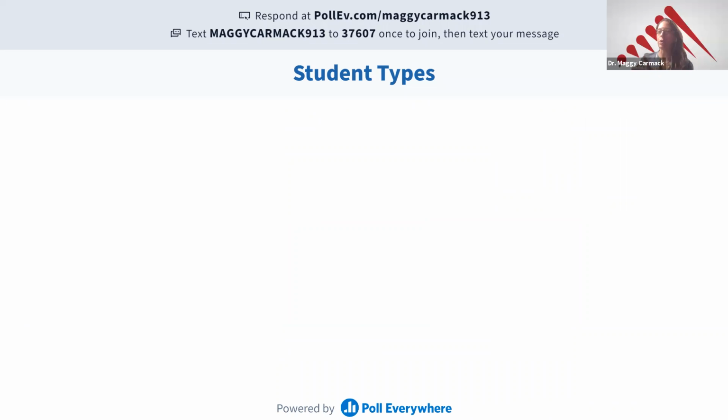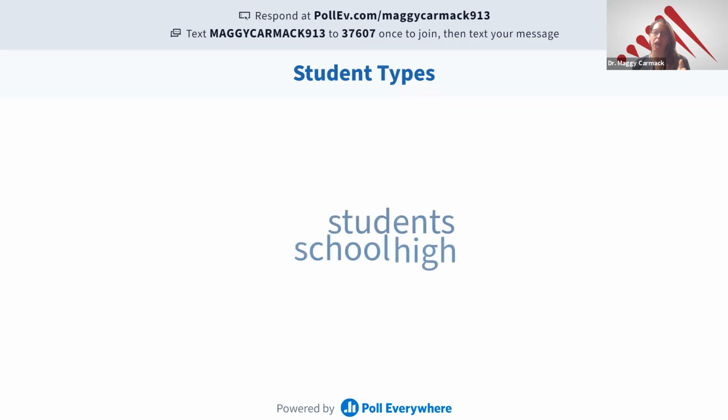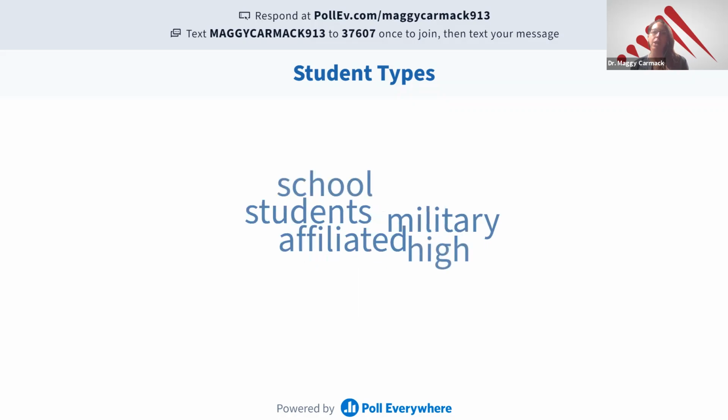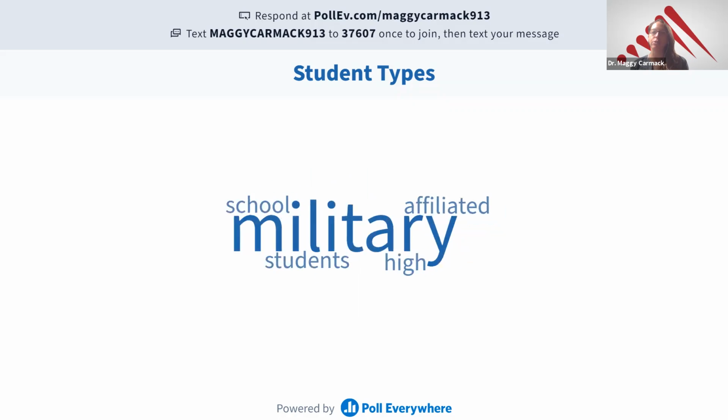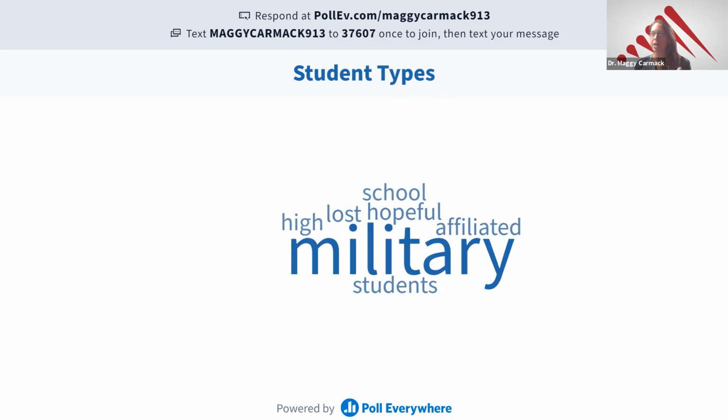So Amanda, real quick, while people are navigating to the site and starting to put in their student types that they've identified, Amy brought up a great question in the chat box that I want to respond to. She says, how do you balance identifying subtypes to meet students' needs without labeling students or making assumptions? The first thing that comes to my mind is acknowledging what the students tell us.